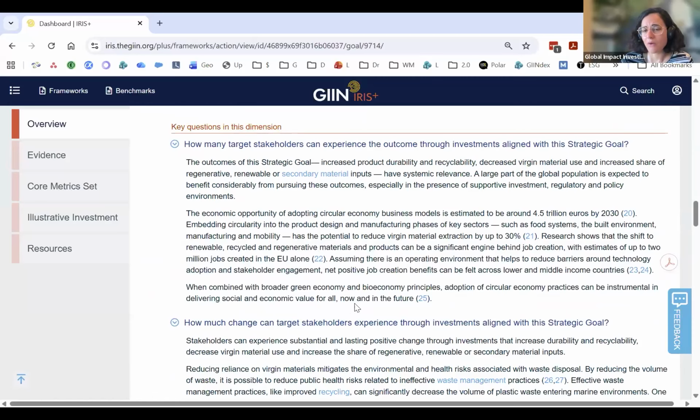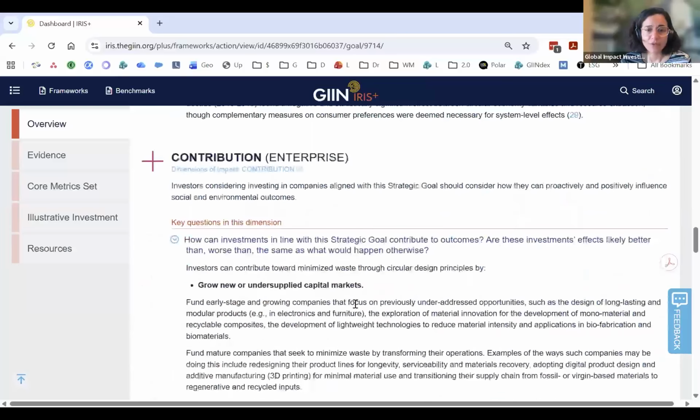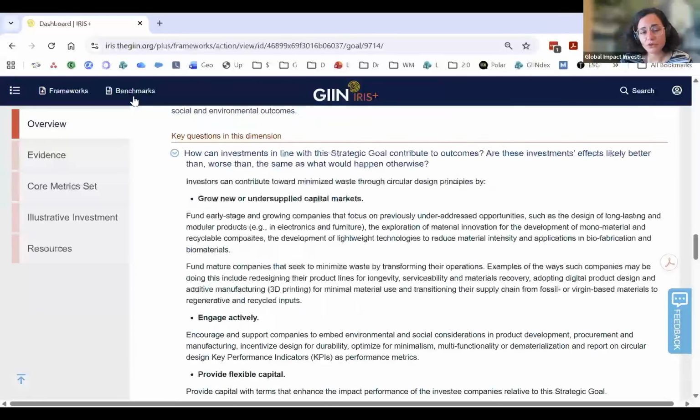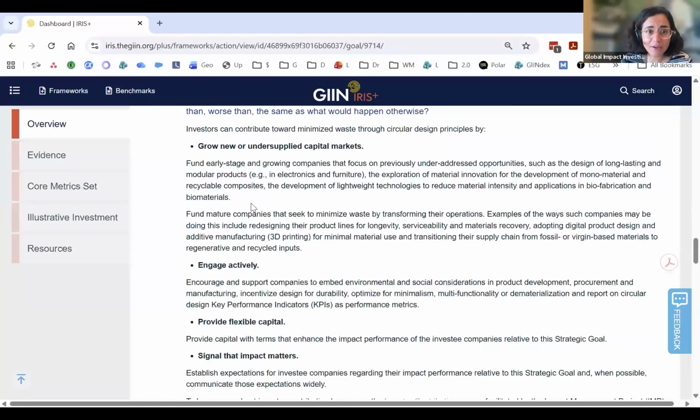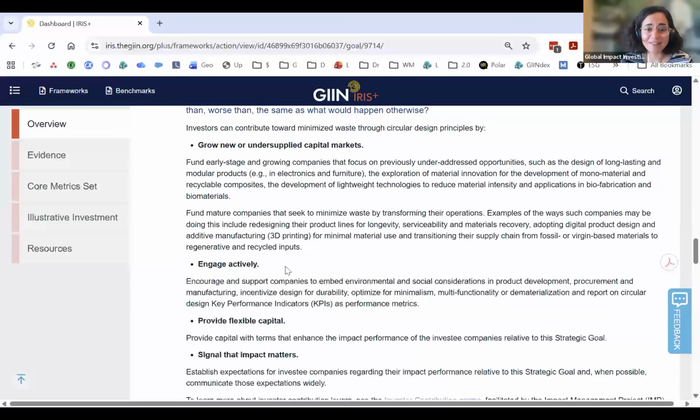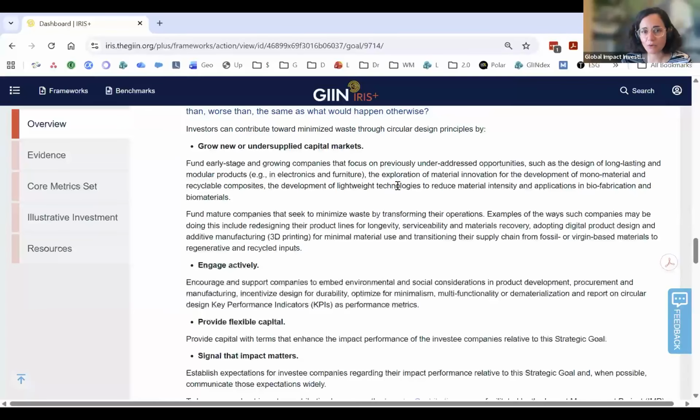How can stakeholders experience change through investments? This is a particularly important section. What are the particular contributions that investments can make through growing new or undersupplied capital markets, engaging actively, providing flexible capital, signaling that impact matters, but specifically in the context of this strategic goal.